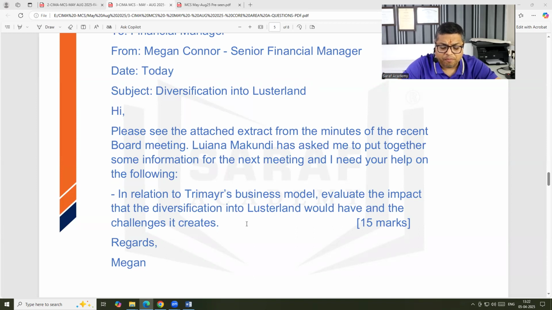Whenever we say evaluate, positive, negative, pros, cons. Evaluate the impact that the diversification into Lusterland would have and the challenges it creates. By going into Lusterland, what are the pros and cons? And what are the challenges it will create for us if we go to Lusterland project, whatever.